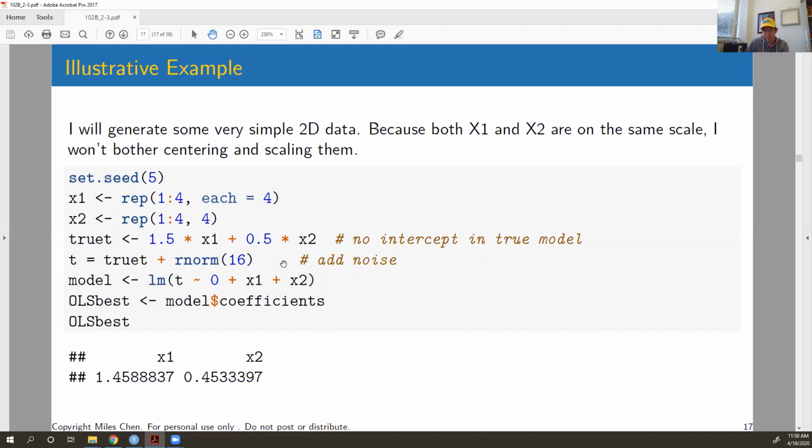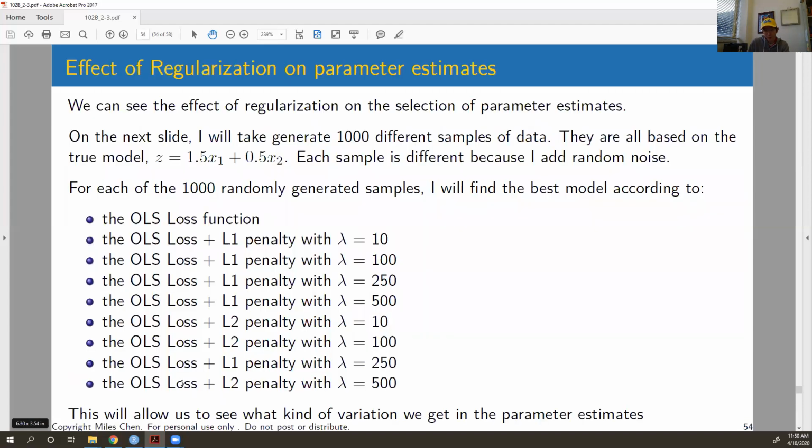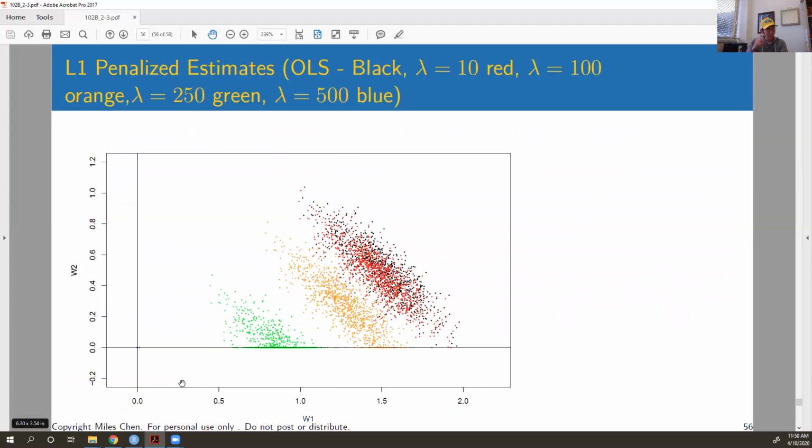I picked some random noise, which means that if I did this again, my random noise would be different and I would get different coefficients. And that's what these slides represent. This cloud of black points represents running the simulation again and just getting a different set of coefficients.